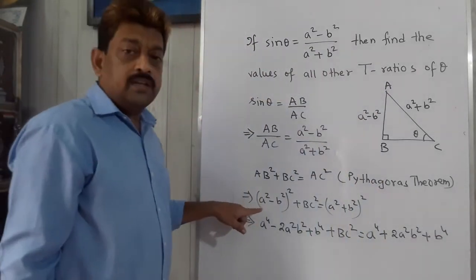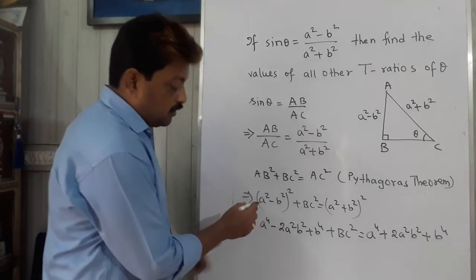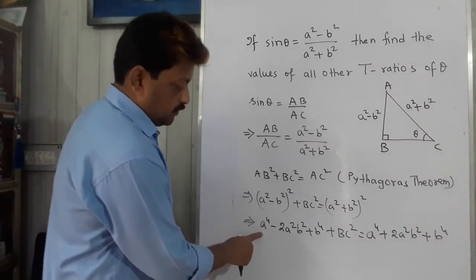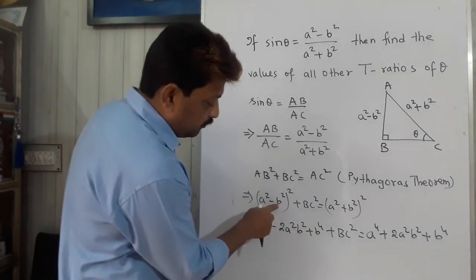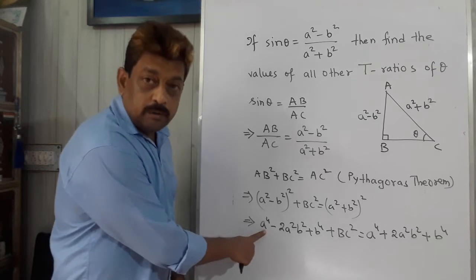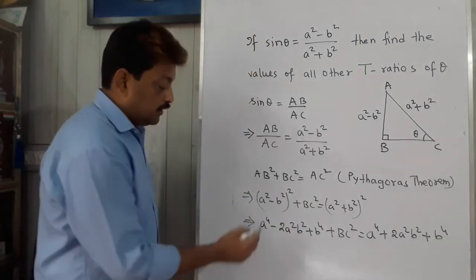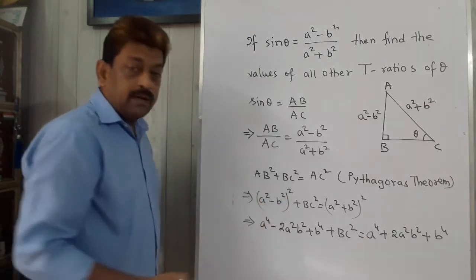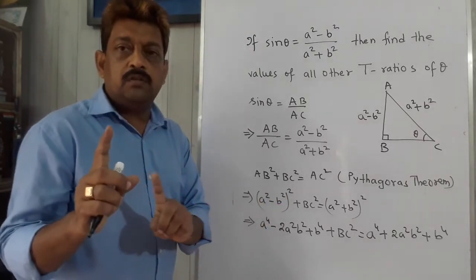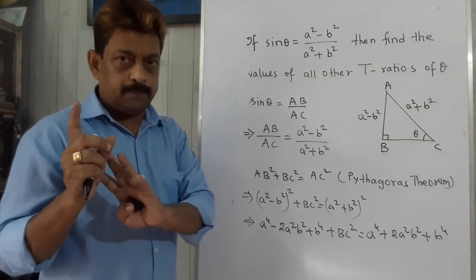So here inside the bracket a square is already there, therefore it will be a square whole square, then 2ab and then again b square whole square. That is why a square whole square becomes a to the power 4 and b square whole square becomes b to the power 4. Actually, we know that (a minus b) whole square equals a square minus 2ab plus b square.